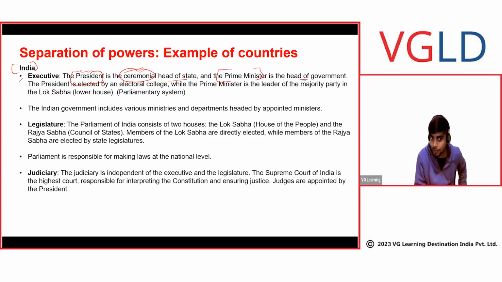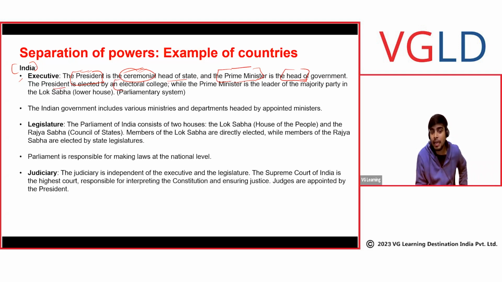So we do have a president in our country, but that is for the ceremonial purpose, not for any activity as such. Basically, they have certain powers over the military and over certain things, but that again requires approval of the prime minister. So president is somewhat of a ceremonial kind of position in our country, and prime minister is basically the head of the government.